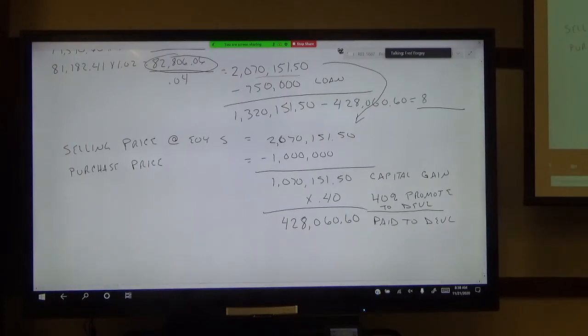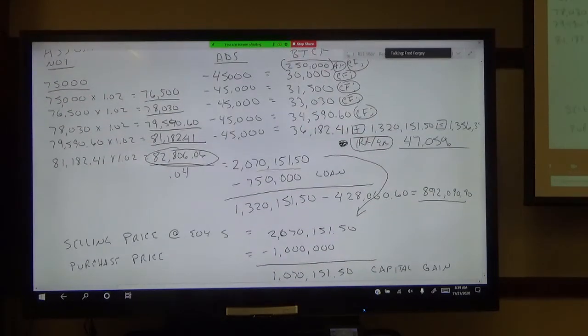So we would walk away as the investor with 892,090.90. So what that means is we've got to go back up here and resolve, but what we're going to be doing is replacing that number, which was this, with the amount we're now receiving, which is the 892,090.90.